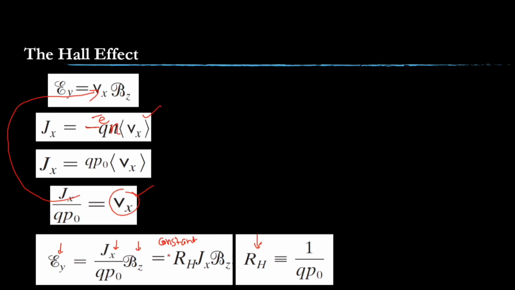What is proportional? Epsilon y is proportional to the current and the magnetic field in the direction of z. That proportionality constant is 1 by Q P0. That 1 by Q P0 is the proportionality constant of the Hall effect.